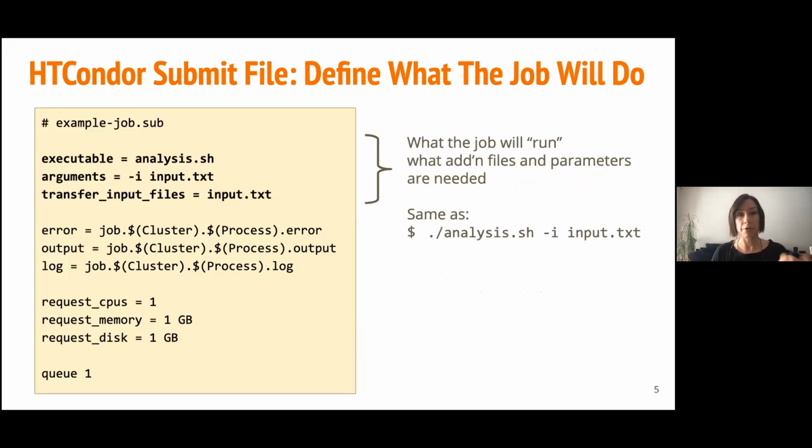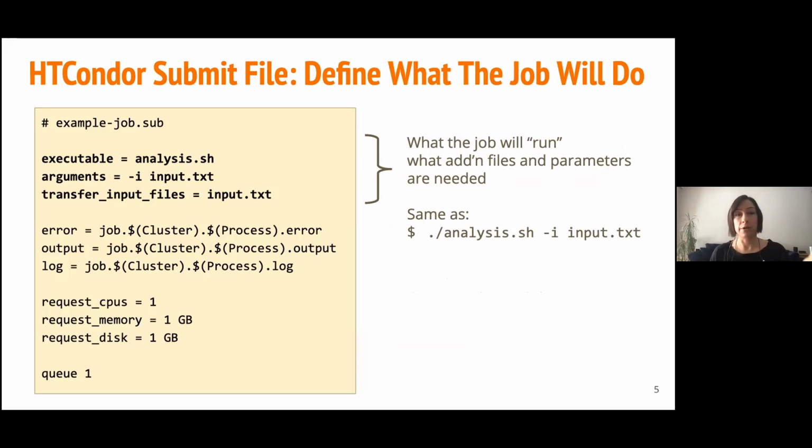So the first 3 lines here, the executable, arguments, and transfer input files, essentially describe what the job will run, along with any parameters that are going to be used to modify how that work is performed, along with additional files that will be needed for this job. The executable in this example is a bash script, but it could also be a precompiled binary that you need to run.